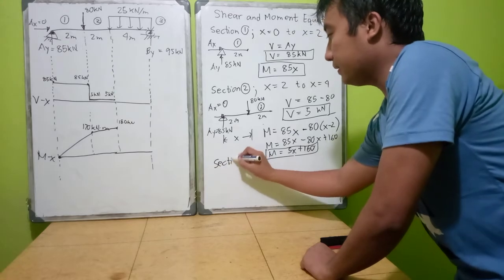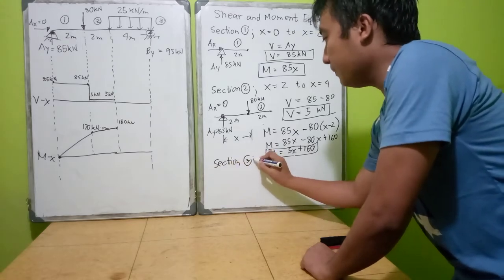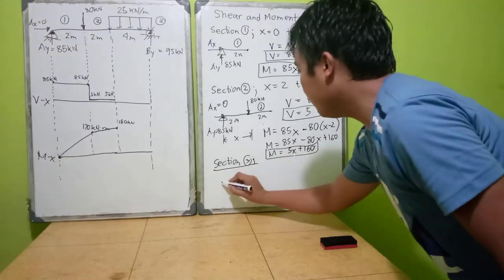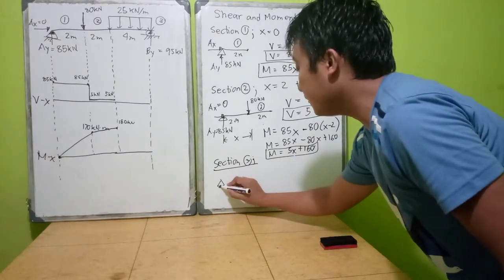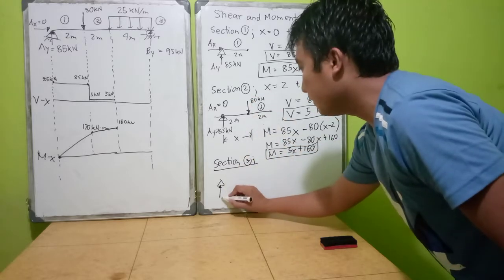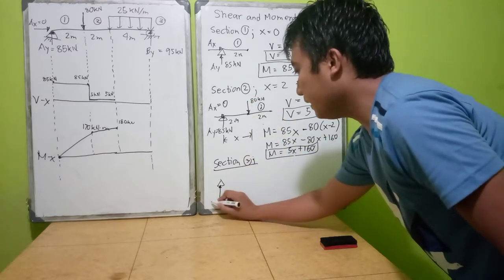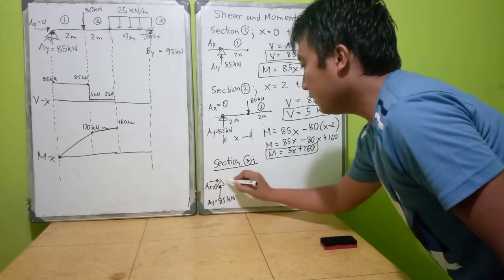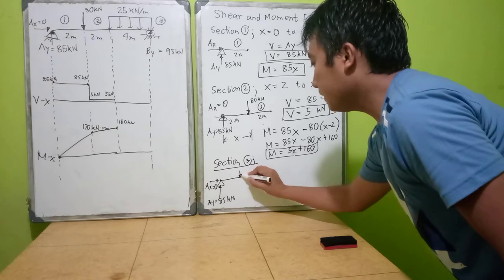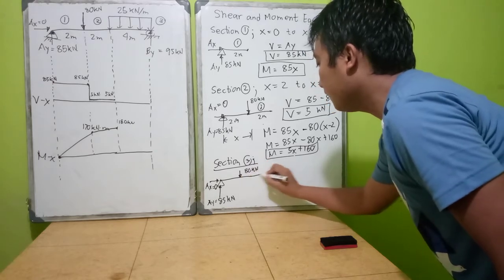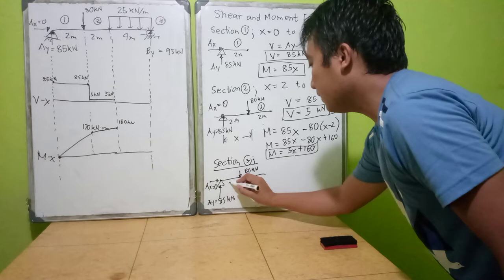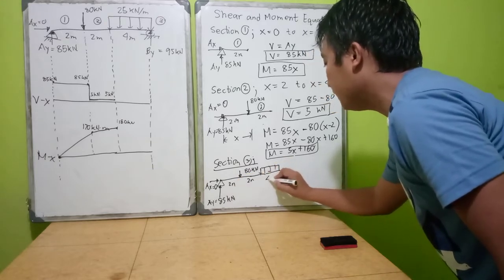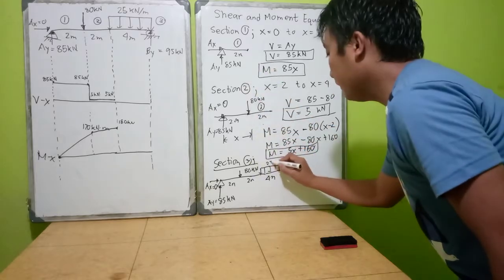So we have section 3. Here, let's draw again. We have 85 kilonewton AY, AX equals 0, and from 2 meters, it has an 80 kilonewton load downward, and after another, there is a load, which is 4 meters, 25 kilonewton downward.